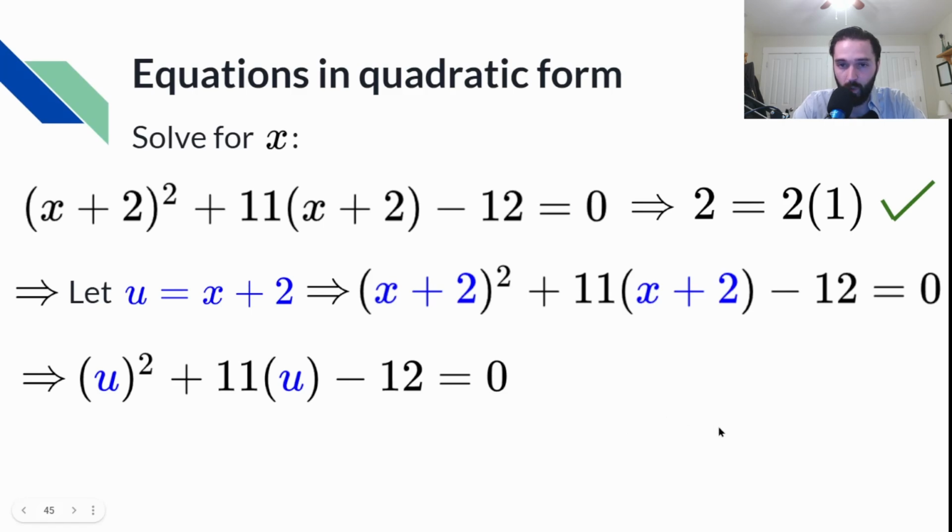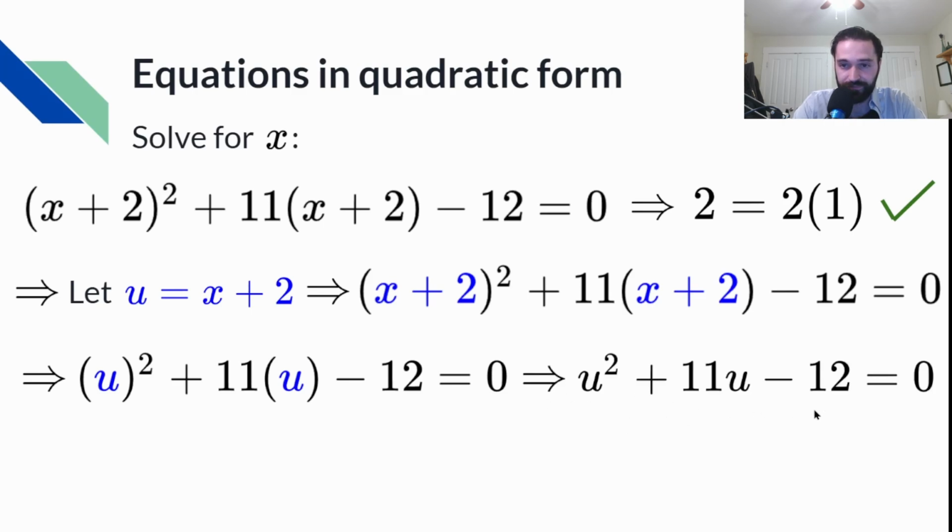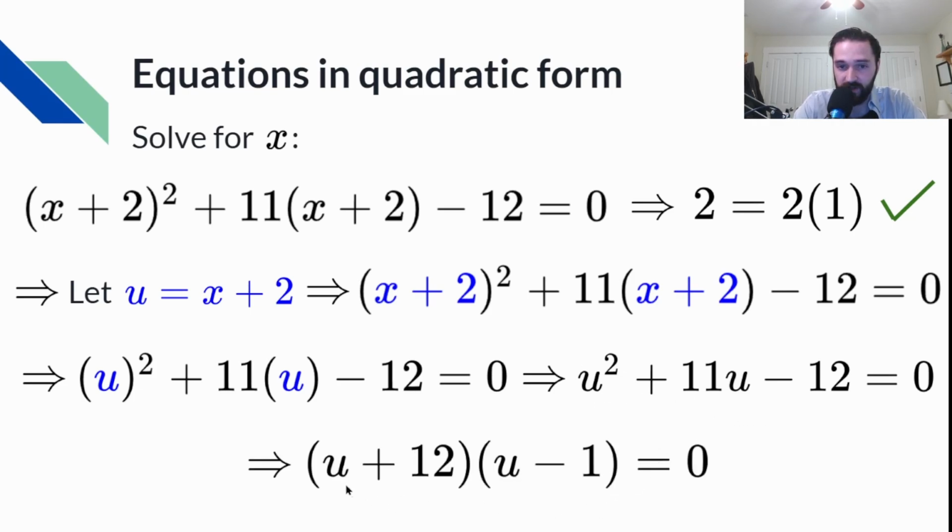That leaves us with a trinomial on the left-hand side, and this trinomial is actually factorable. The leading coefficient is 1, so we should try factoring. We can factor it as u plus 12 times u minus 1. If we were to FOIL that, we would get this expression here, u squared plus 11u minus 12.